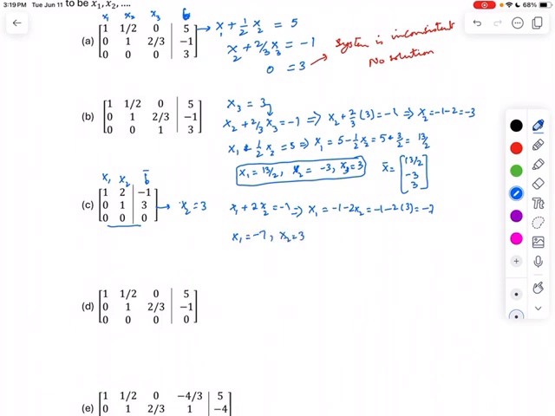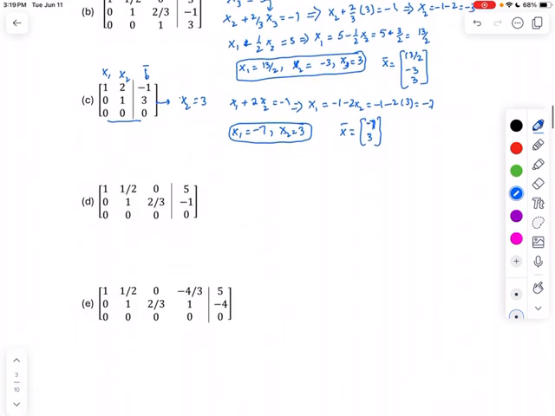So x1 is -7, x2 is 3. Or you can write it in vector notation. So that's how you write your solution.